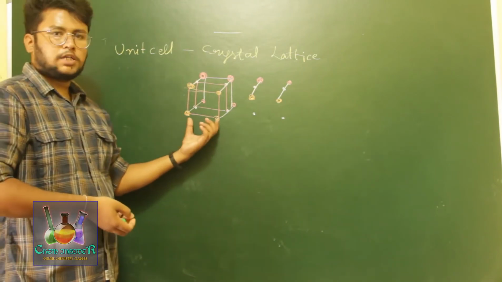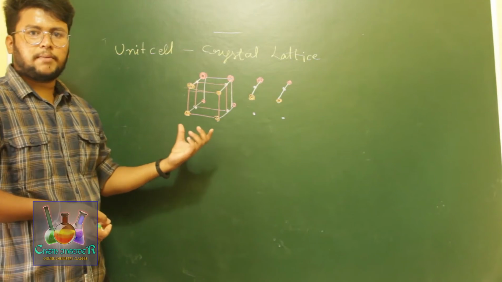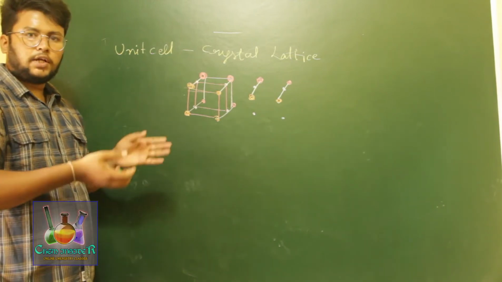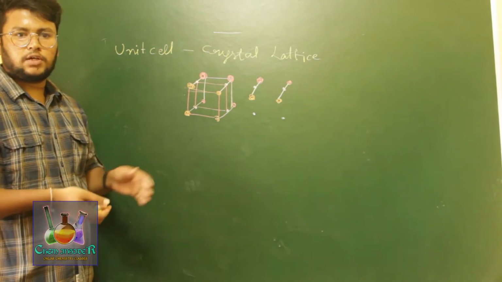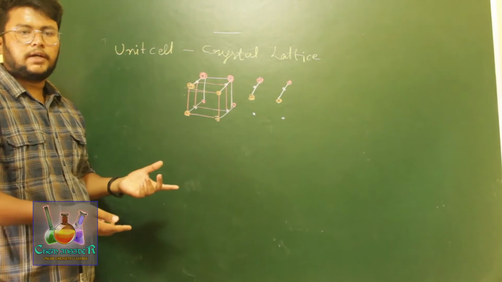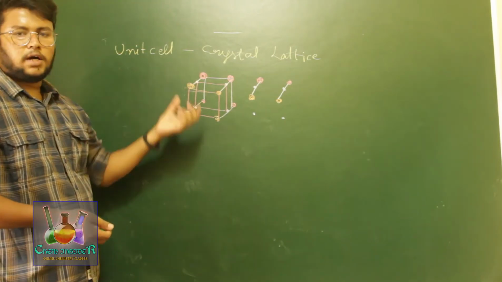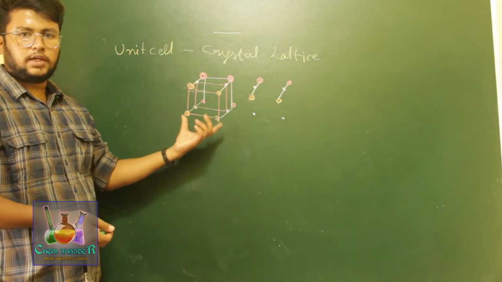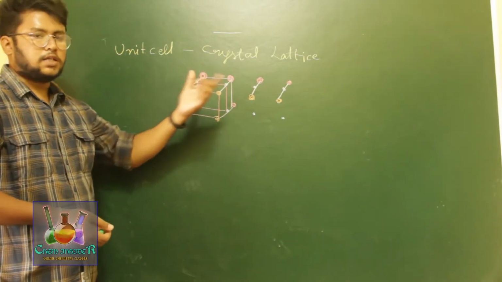So if we arrange matchboxes in 3 dimensions, we get a huge geometry of a matchbox. If you arrange cubes one over the other, like a Rubik's cube, one cube reflects the whole cube, right? So a unit cell is a small part of a crystal lattice which is arranged in space or in 3 dimensions to give a crystal lattice geometry.